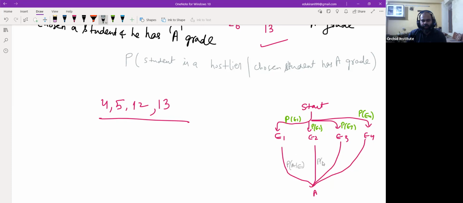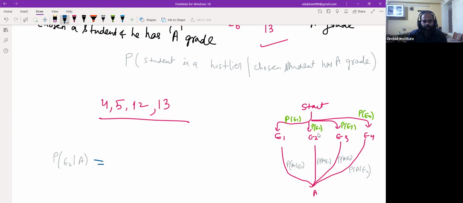This will be probability of A by E2, probability of A by E3, probability of A by E4. So it is sort of a T diagram. Now, if you have to find, suppose, probability of E2 by A, you don't have to think too much about writing. But if it is a 5 marker, 4 marker question, then you have to write the steps. But there is a method of tree diagram also.